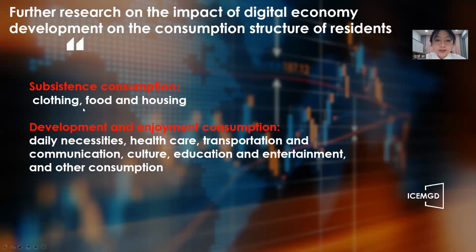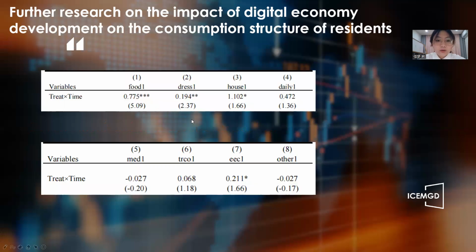So according to these different categories, we did the regression again. Here's our result. And we can see the food, clothing, and housing are all significantly positive.